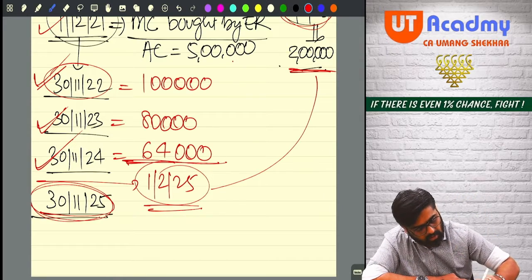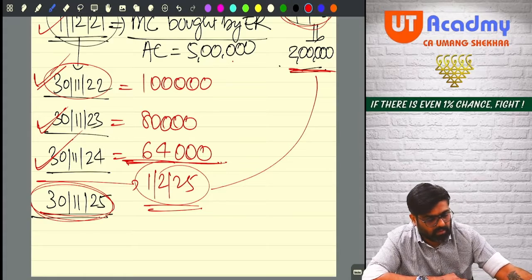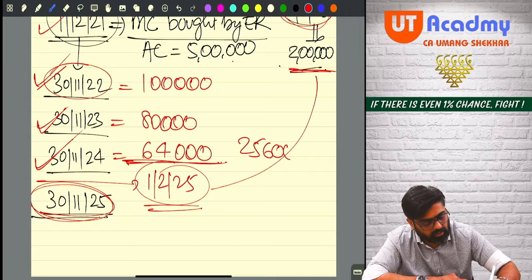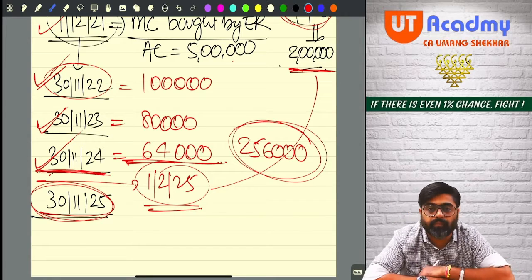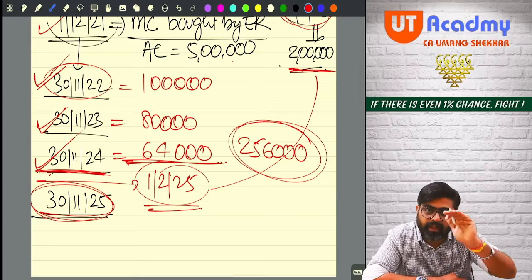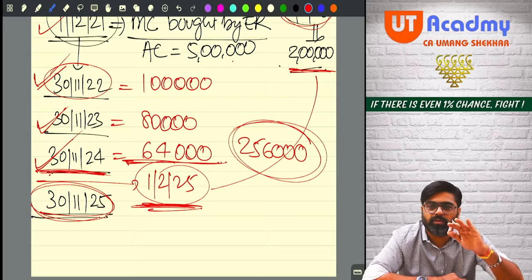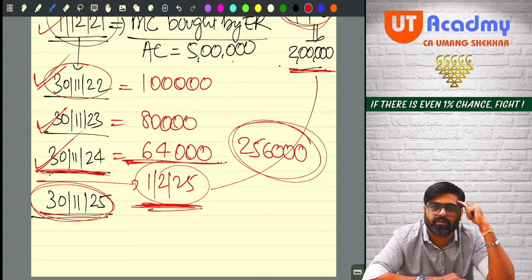Tell me how much you are getting. 5 lakhs minus 1 lakh minus 80,000 minus 64,000. You will get 2,56,000. Can I say 2,56,000 will be the value as on 30th November 24? And that will be the same value as on 1st of February 25, because after 30th November till 1st February, no wear and tear will be reduced.